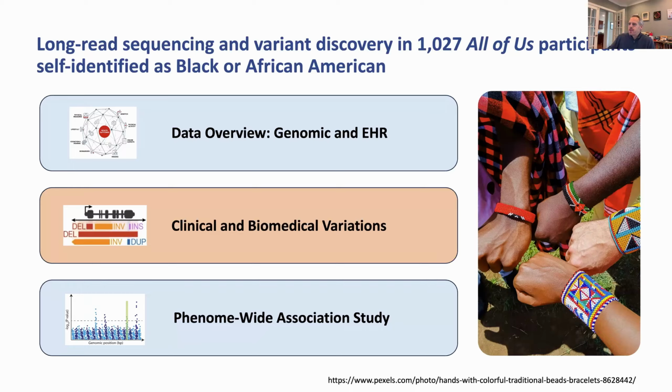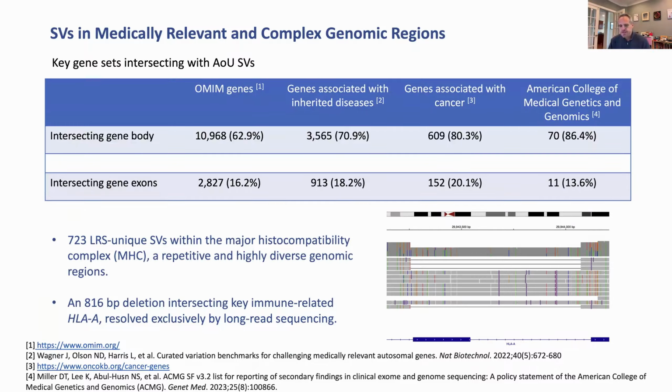So a natural question is, now we have all these variants, we can look through them. A natural question is, do these variants intersect interesting genes? That's a natural question. Now, on a per person basis, there's great selection against structural variants falling inside of genes commonly. But because we have 1,000 individuals here, we get a nice look at a population scale.